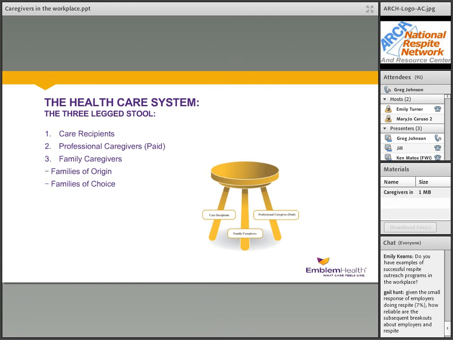That's not what we're talking of. But they are the professional caregiver, and this is where people become confused when they're talking about caregivers, family caregivers, professional caregivers. So it's important about the words. The third, and my favorite leg, I've certainly devoted the last 15 years to it, along with a lot of you, family caregivers. And we talk about both families of origin and families of choice.